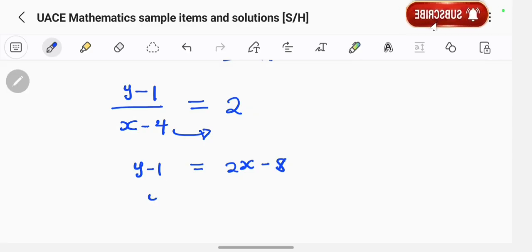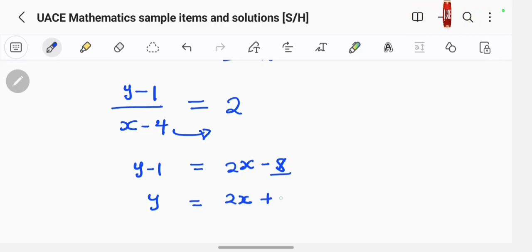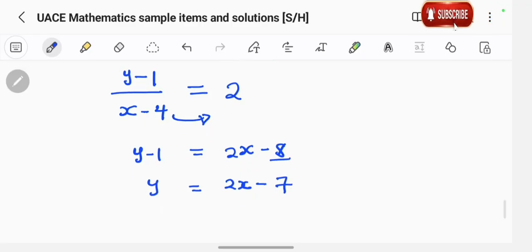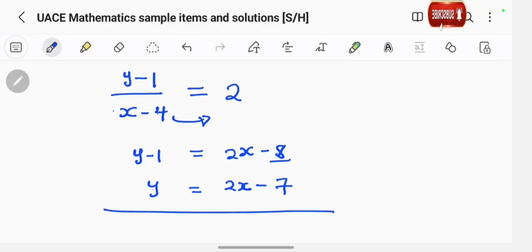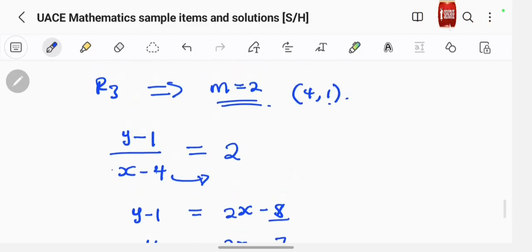Then I move that 1, so it's going to be y equal to 2x, so negative 8 plus 1 is negative 7. This is the equation. I've multiplied 2 throughout, x times 2, 4 times 2 to get x minus 8. So this is the equation they want us to find for rod 3.